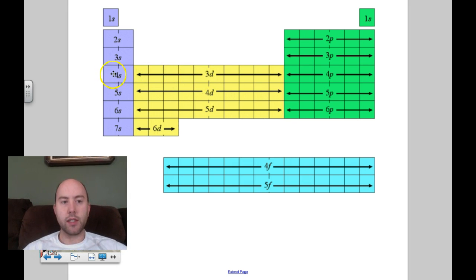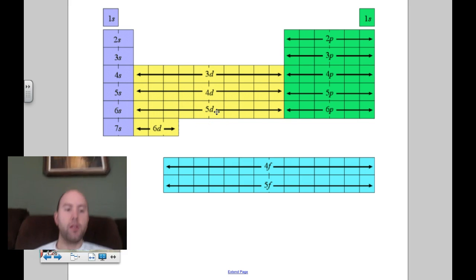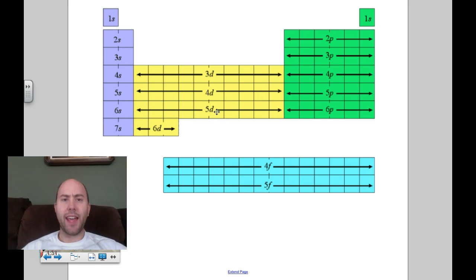So even though this is the 4th period, this is the 3D's. Even though this is the 6th period, these are the 5D's. So let's just do 2 examples to get the hang of this, because it's pretty much more of the same. The only trick is, remember, to subtract 1 from the period number.